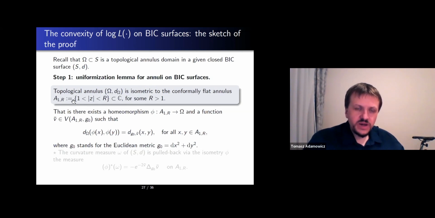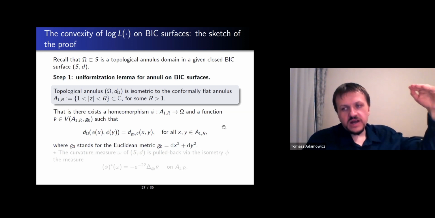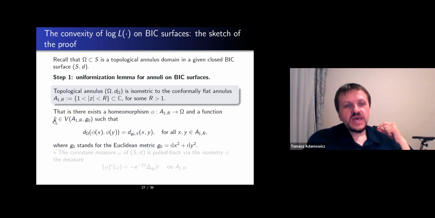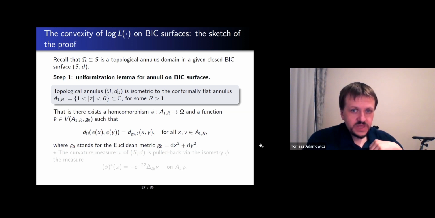First, the uniformization lemma. It asserts that a topological annulus on the surface S is isometric to a conformally flat annulus in the plane. By this we mean that we may find a homeomorphism from a flat annulus onto the annulus on the Alexandrov surface, and an appropriate function V bar in the class V for the flat annulus and Euclidean distance, so that the following identity holds.